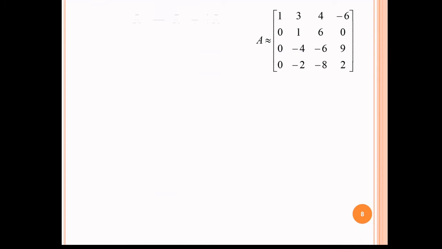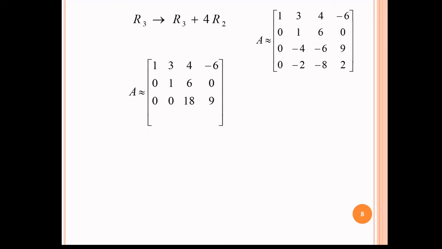With this we now change row 3 as R3 plus 4 times R2. Minus 4 plus 4 will give you 0. So this is the R3 we get with this transformation, and R4 changes to R4 plus twice R2.